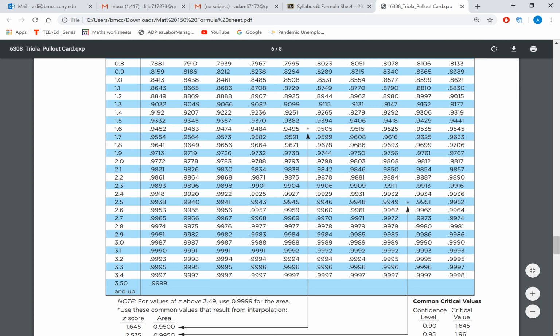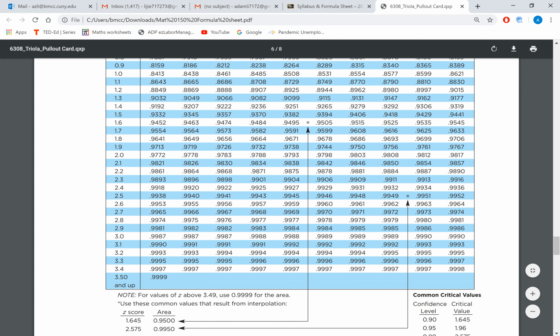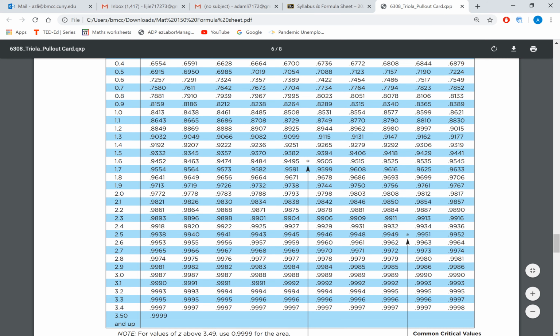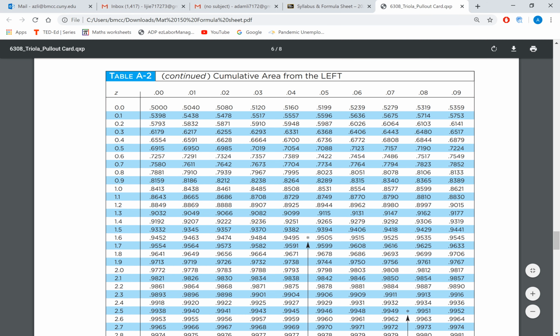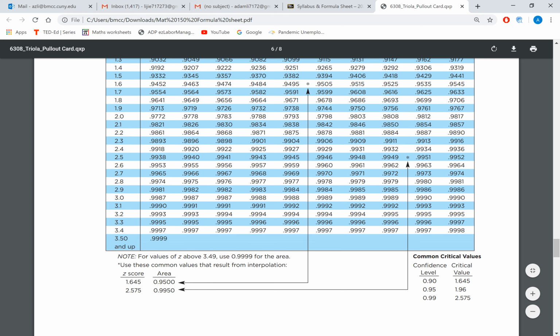You see 0.9500 is right in the middle of 0.9495 and 0.9505. So these turn out to be the average of 1.64 and 1.65. Follow the direction arrow here, go down to the bottom, and you get a z-score equal to 1.645.